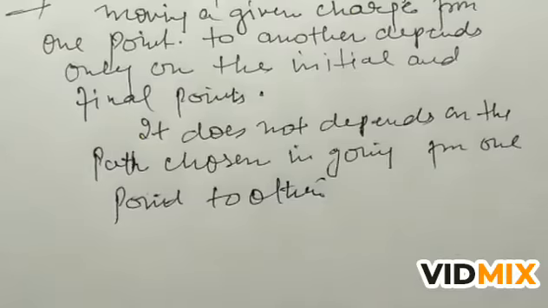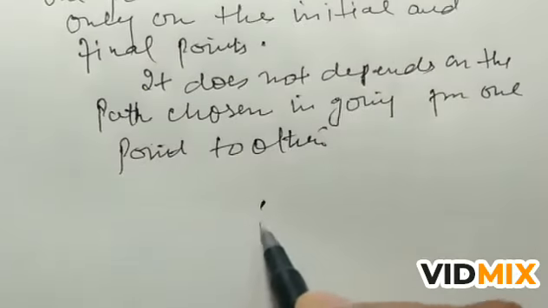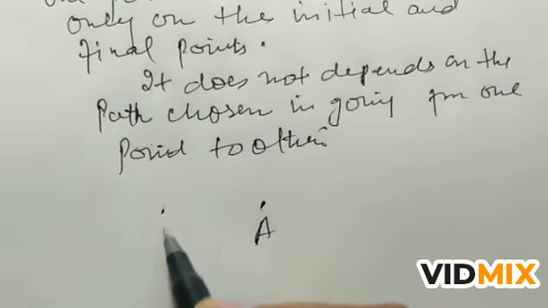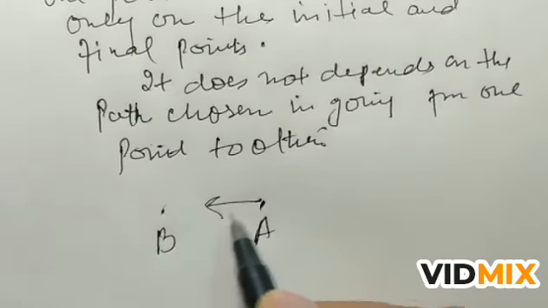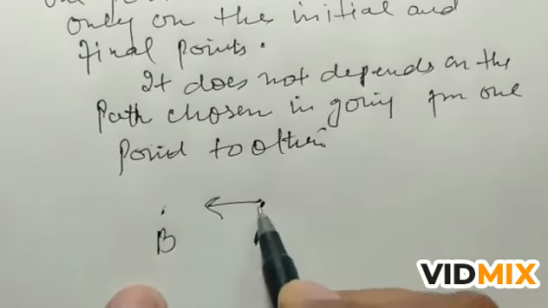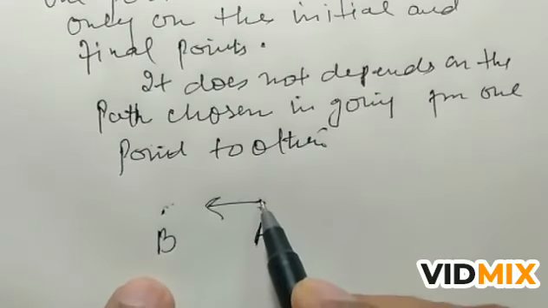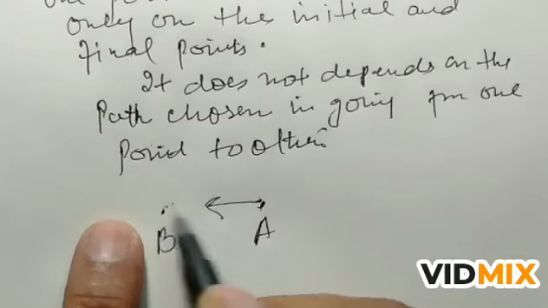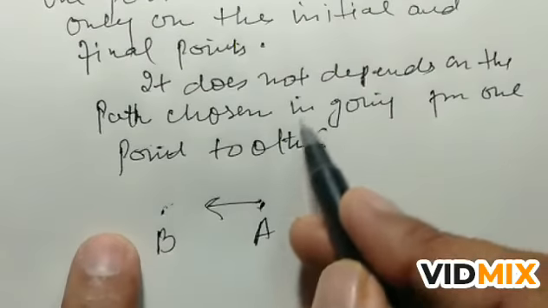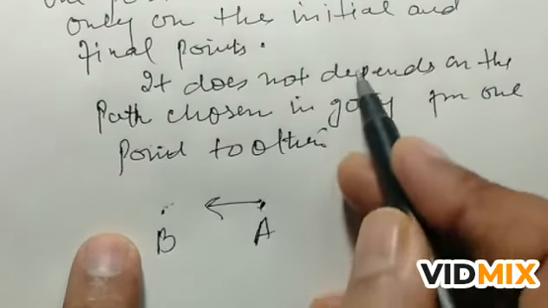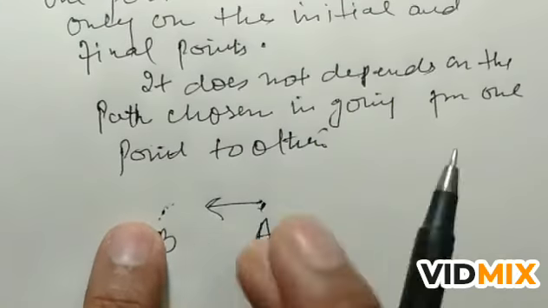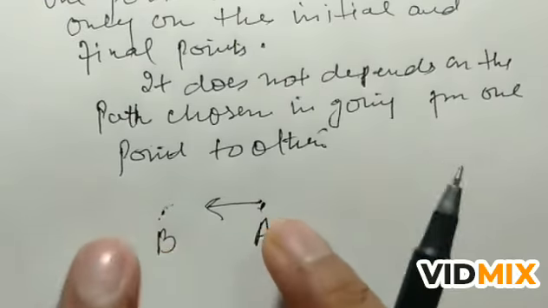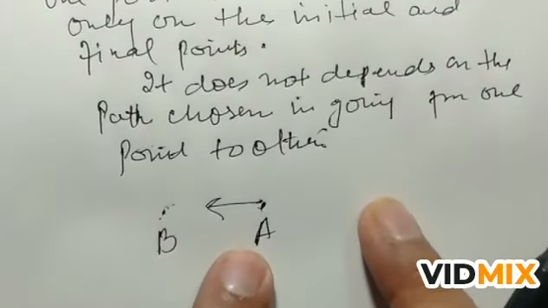Suppose there are 2 points A and B in the electrostatic field, and the charge is brought from point A to point B. It depends only on the positions of point A and point B. Suppose I bring the charge from anywhere to A and from anywhere to B, again the work done will be the same, the difference of energy will be the same, and this is equal to the work done on the body.